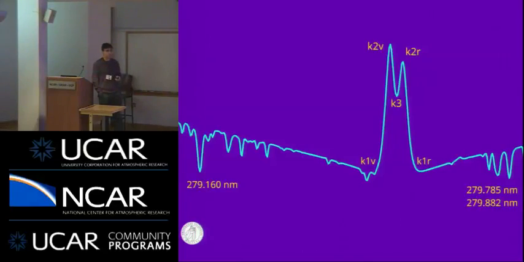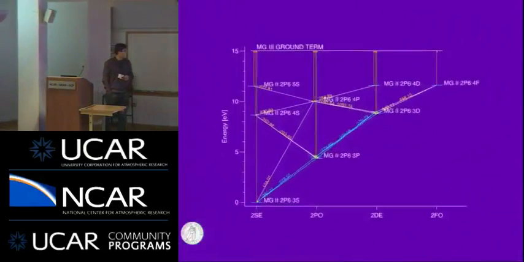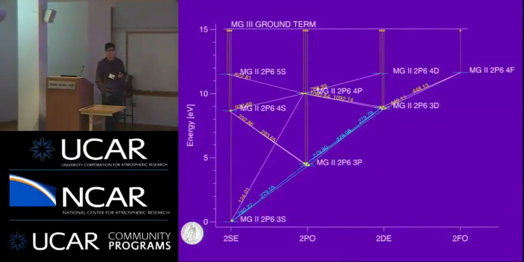So what is the origin of these lines? This is a simplified model atom of magnesium-2. This level here is the ground level of the H and K line, so these 2 different transitions just have a slightly different upper level. Then from this upper level, there are these 3 transitions.